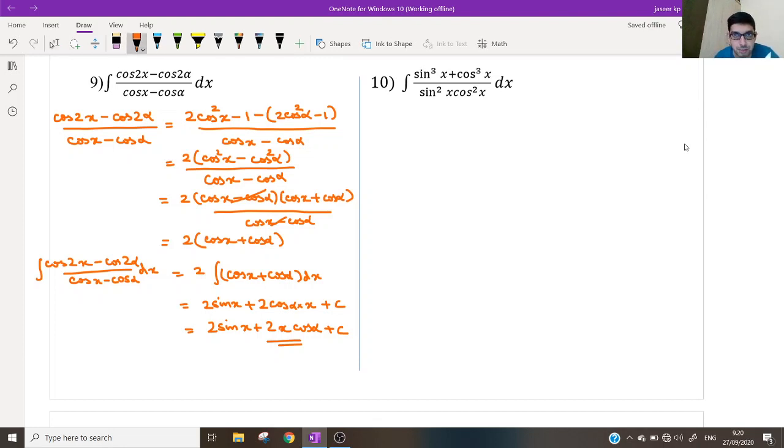Sin cube x plus cos cube x divided by sin square x into cos square x. So now let us simplify this one.